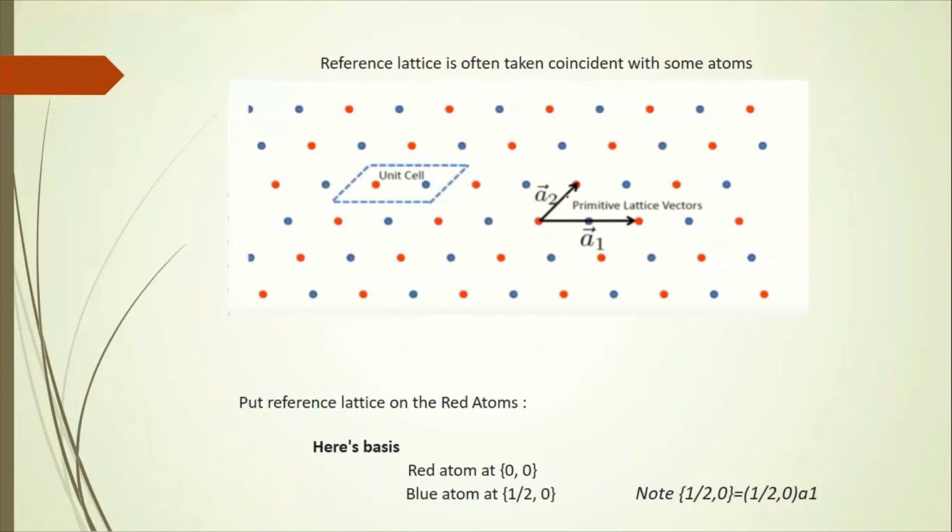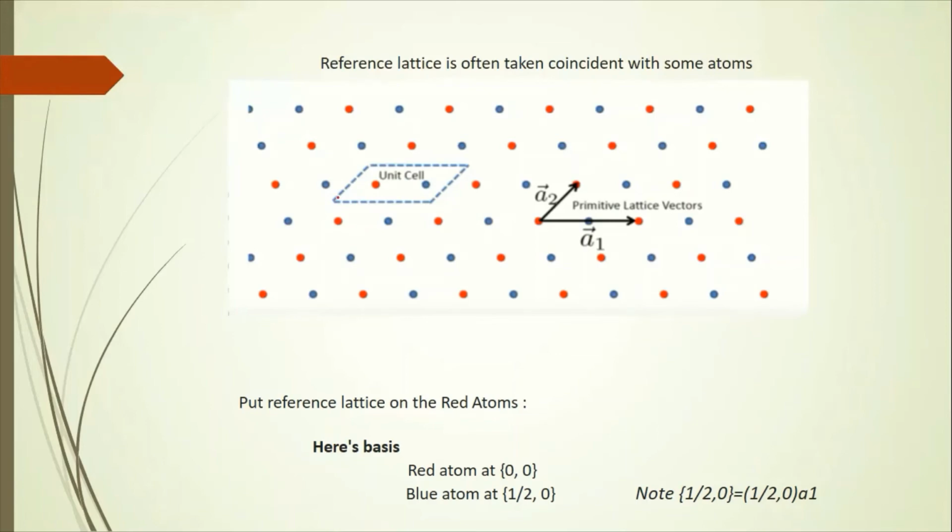So a unit cell includes one red and one blue, and the primitive lattice vector is often taken.